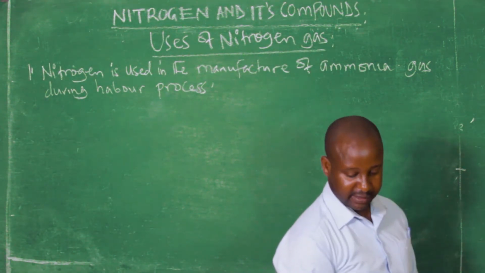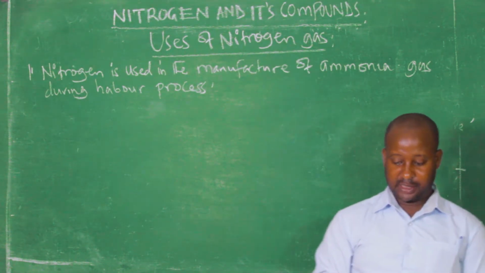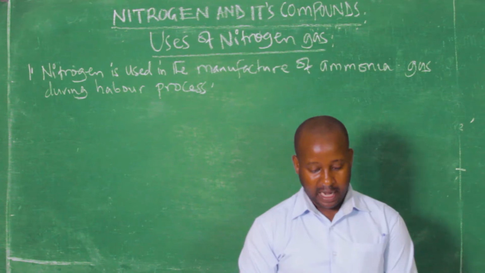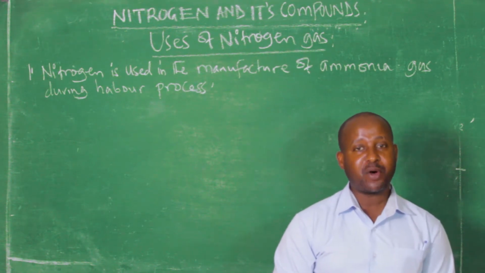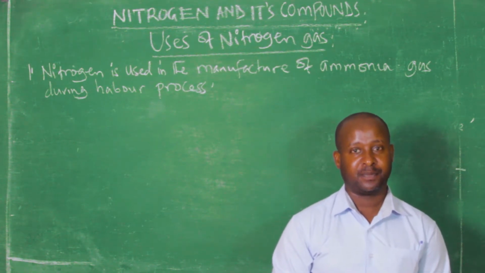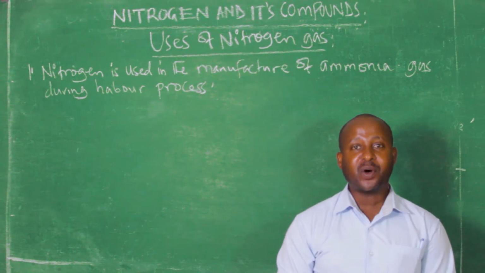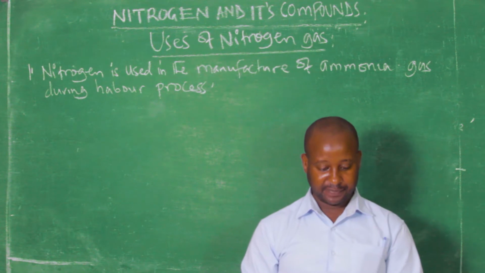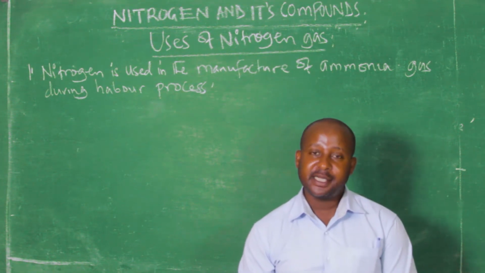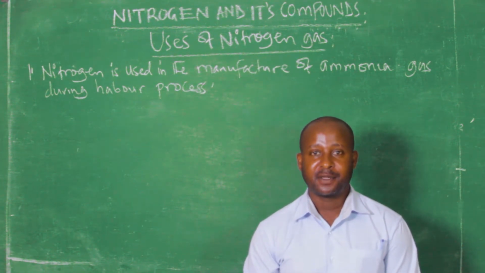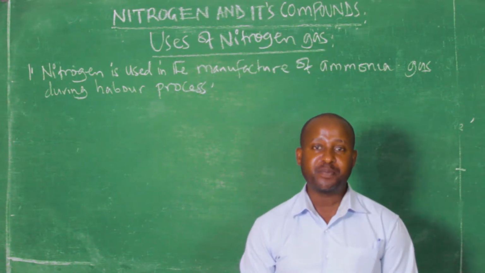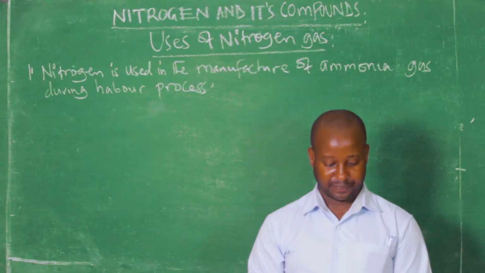Nitrogen gas is used to freeze substances due to its low boiling point. Because nitrogen has a lower boiling point, it is used to store body tissues over a long period of time.